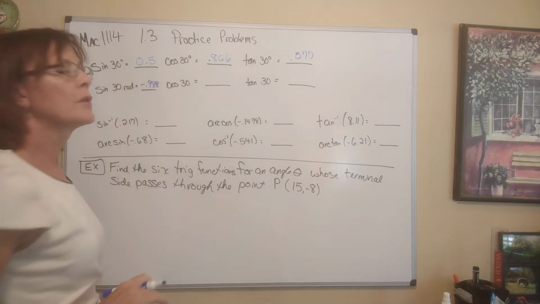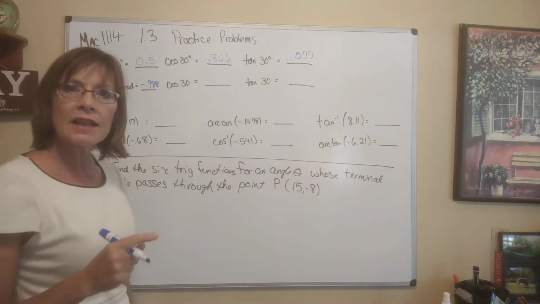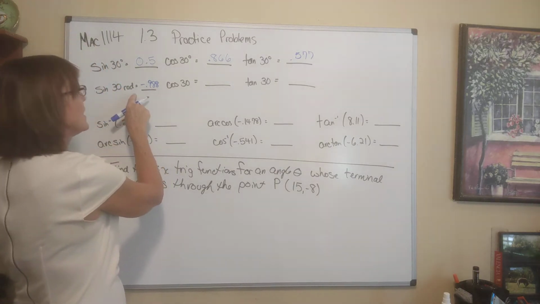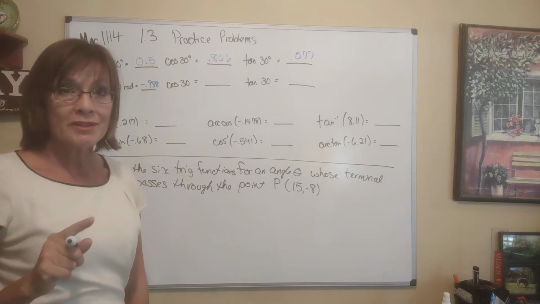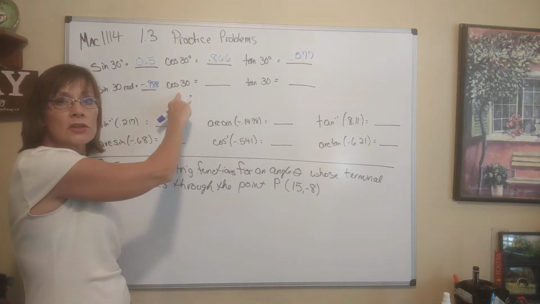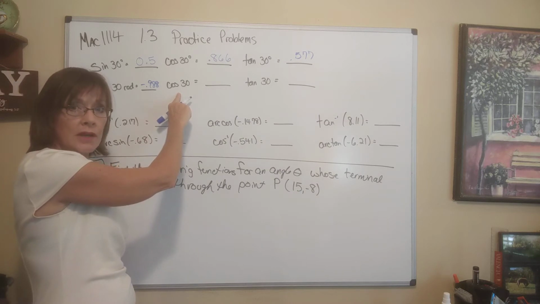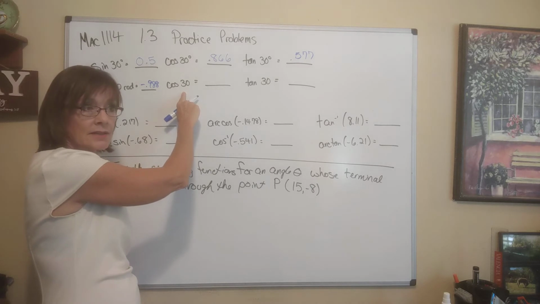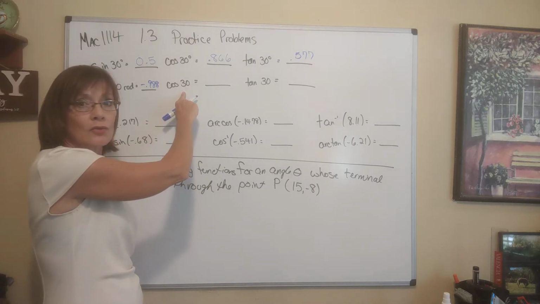This will make more sense when we learn more about radians, but this is the main thing I need you to know right now. Sometimes they will actually write RAD for radians. Most of the time they won't. So how will we know right here, do they want us to do the cosine of 30 degrees or the cosine of 30 radians? I know this means radians, and the reason is they didn't write a degree symbol.